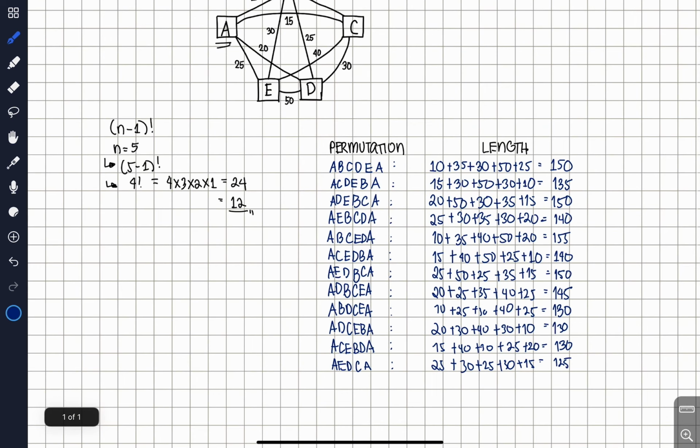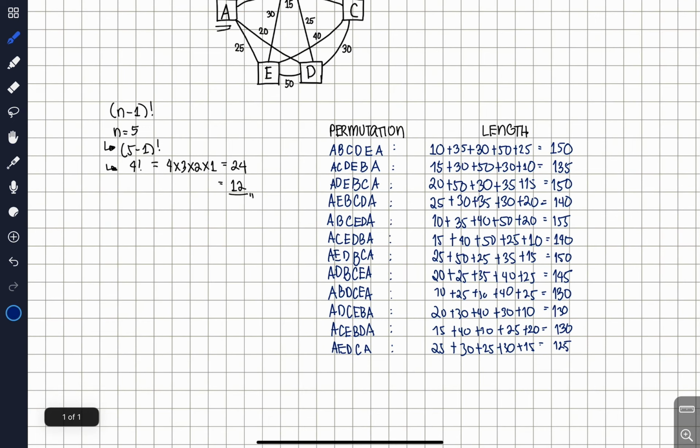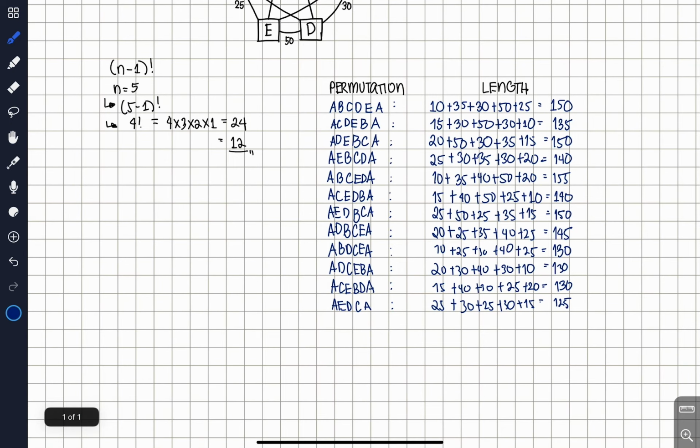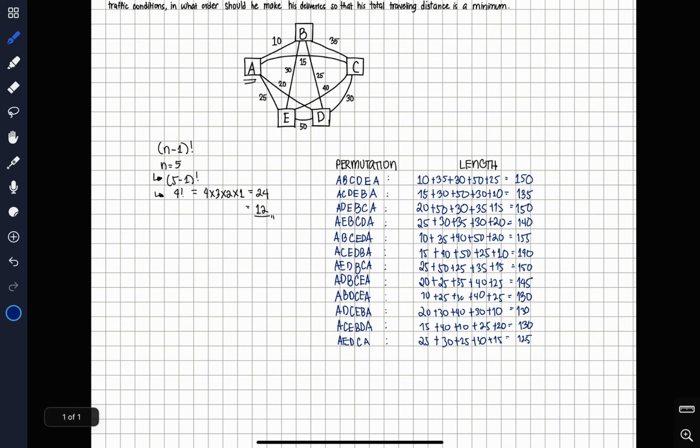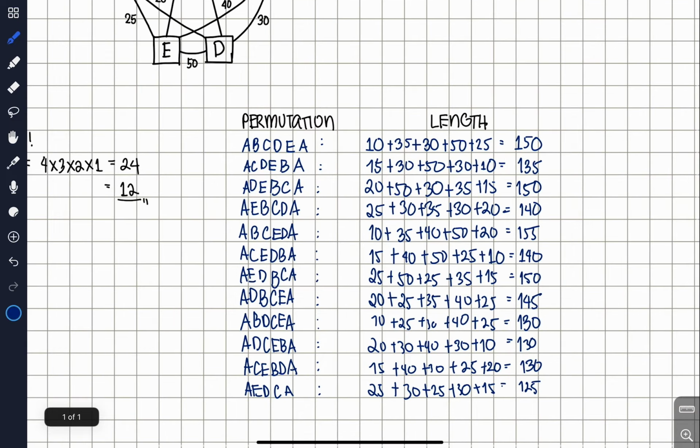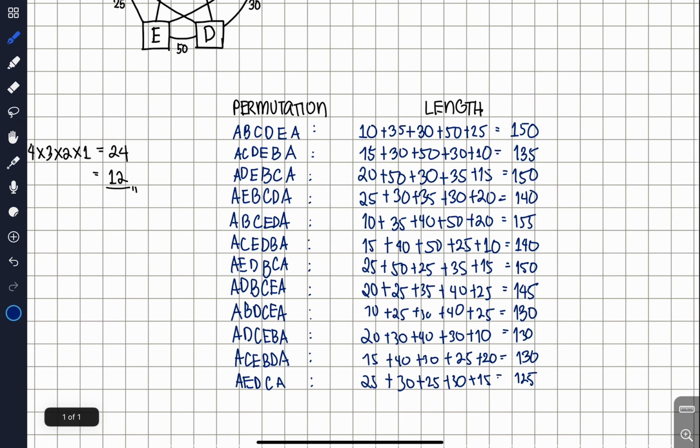So now that we have acquired all our permutations and their respective lengths, and we have computed their overall length, the last thing for us to do is to identify which Hamilton circuit has the shortest total distance that ends with A. So let's assess our lengths.